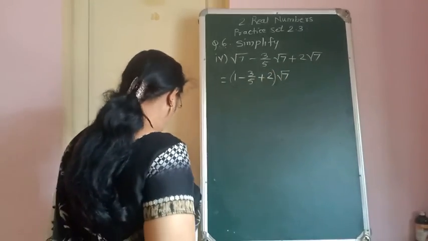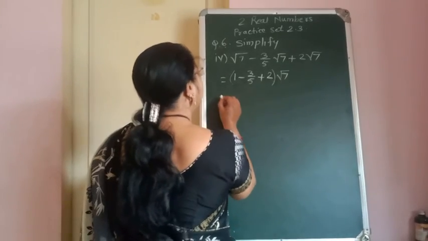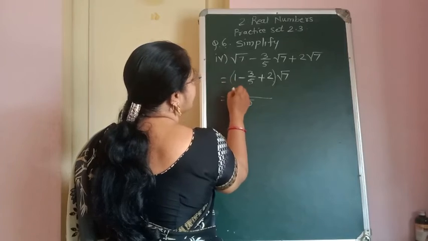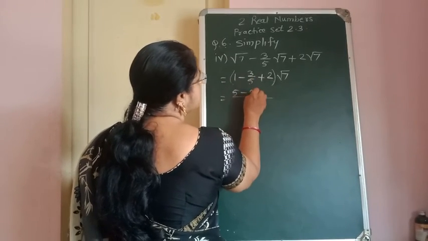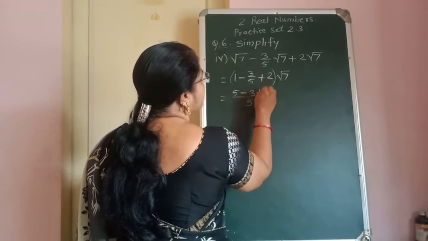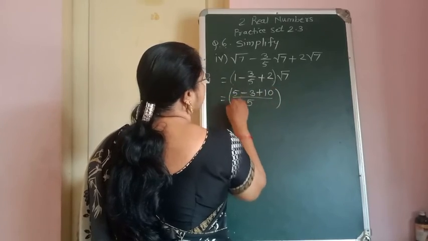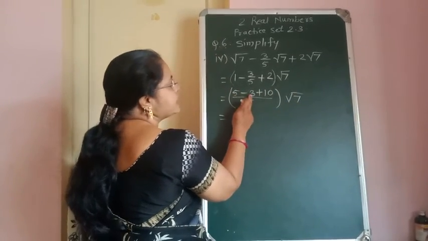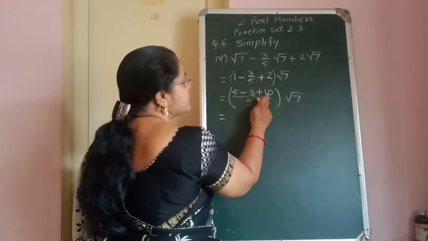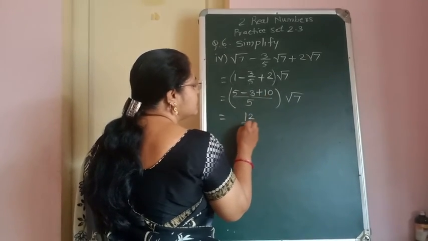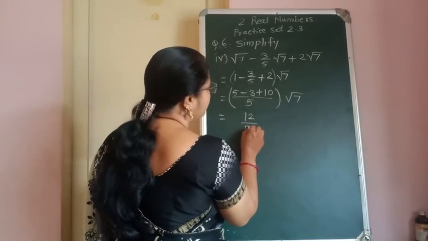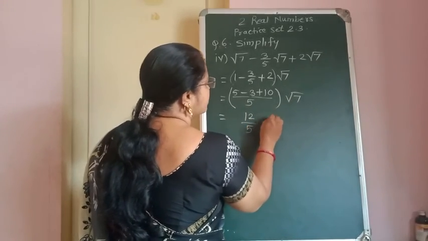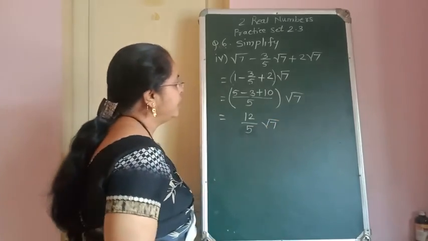So 5 is the LCM. So this 5, this minus 3 plus here 10, root 7. So 5 minus 3, 2, 2 plus 10, 12. So this is 12/5. 12/5 root 7 is the answer.